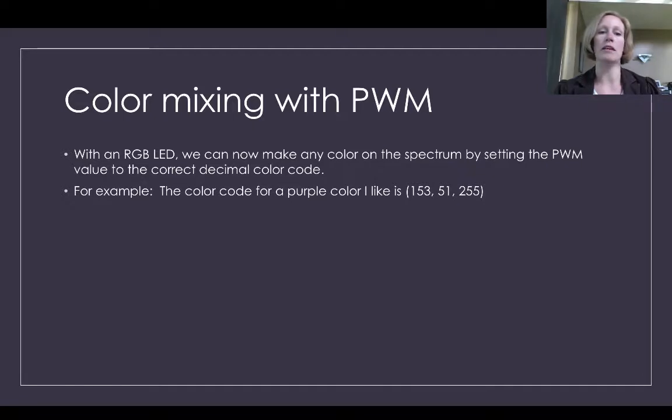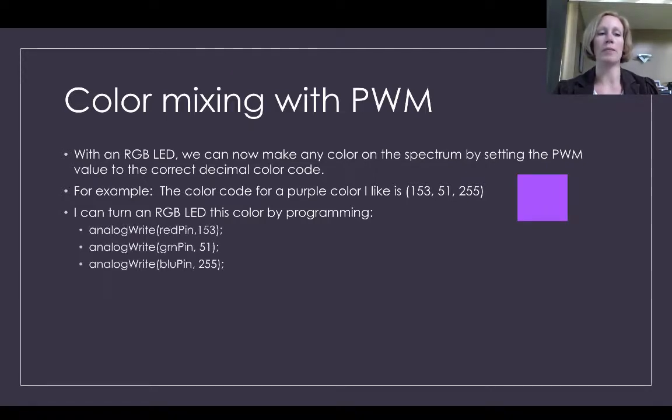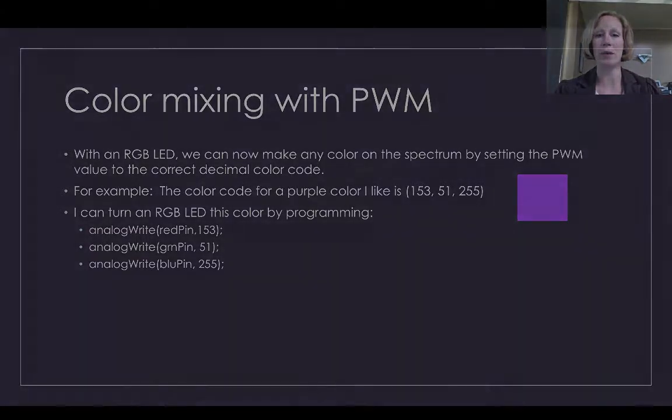So for example, if I want to create a purple color that I like that has the code 153 for red, 51 for green, and 255 for blue, then I would turn on an RGB LED by programming these commands. So I'd set the red pin to 153, set the green pin to 51, and set the blue pin to 255, all using the analog write command.